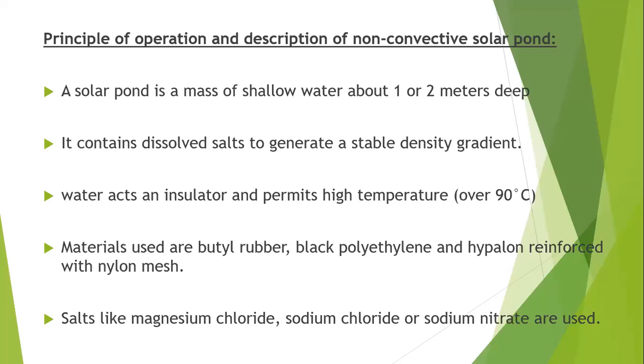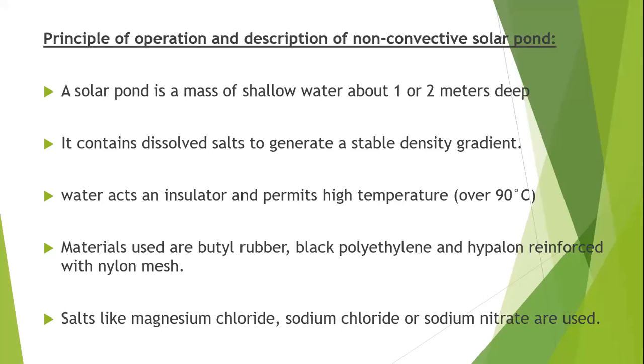If the pond is filled with fresh water, the lower layers will heat up, and when they heat up they expand and rise to the surface. Because of this rising and going down again, there is convective mixing, and due to this convective mixing there is the disadvantage of heat loss at the surface.